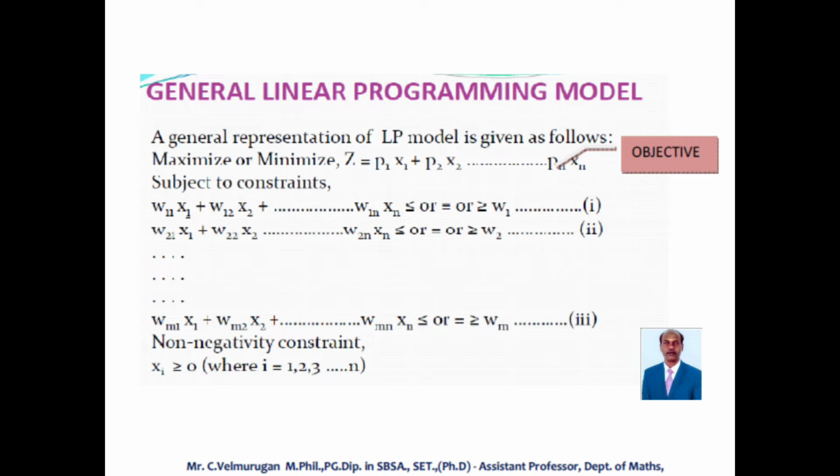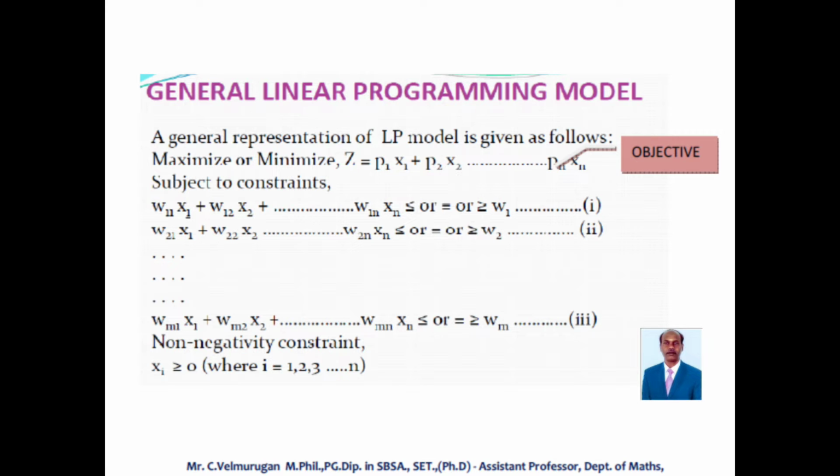Likewise, we can define various constraints based on the given problem. Here we consider up to m constraints. The last constraint is wm1 x1 + wm2 x2 + etc. + wmn xn less than or equal to, or greater than or equal to, wm. Depending on the nature of the availability, we can use these three symbols.